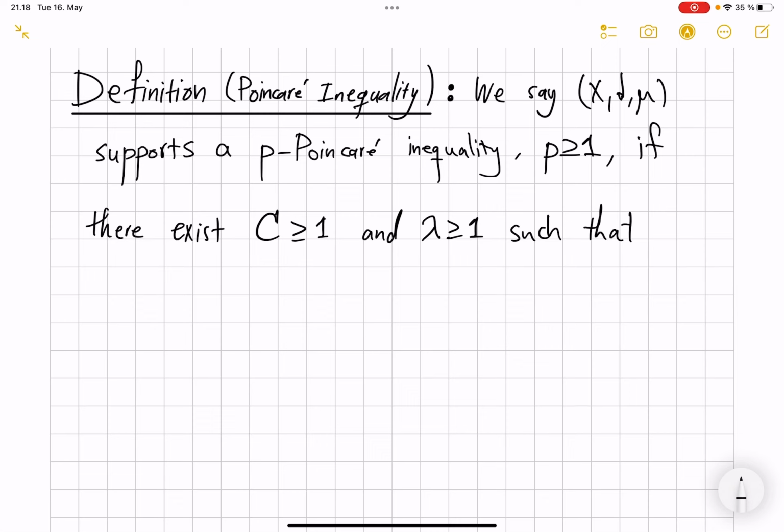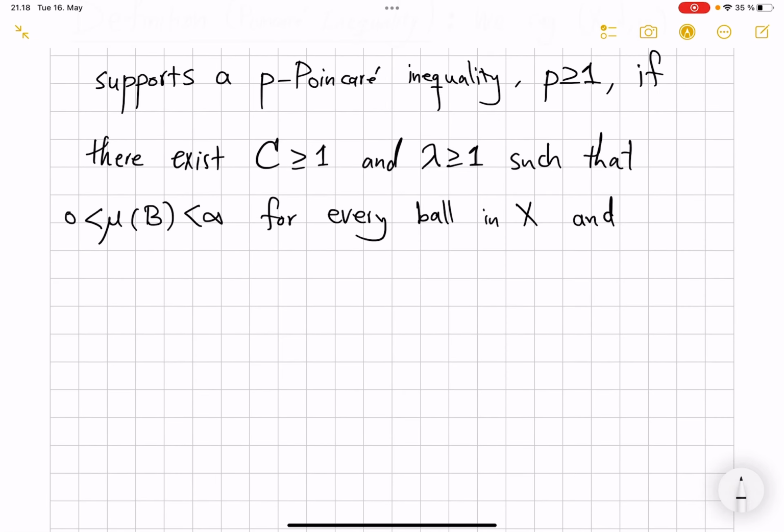okay, so the measure of balls is positive and finite for every ball in X, and this is just a technicality required so that I can define the average value over the ball of some function.